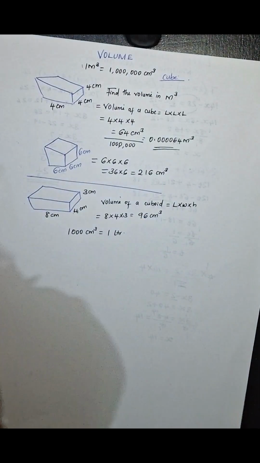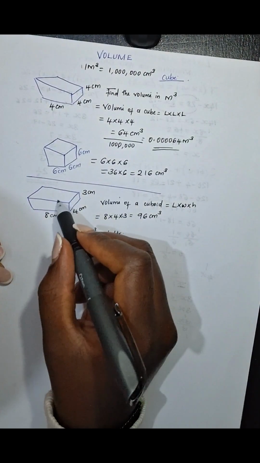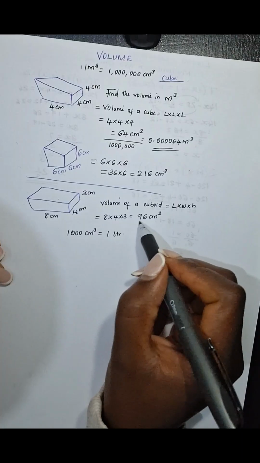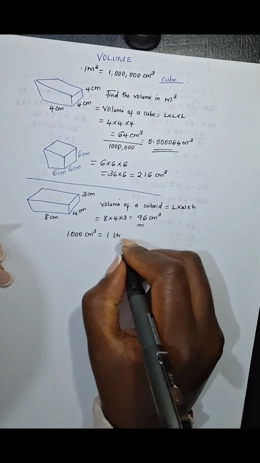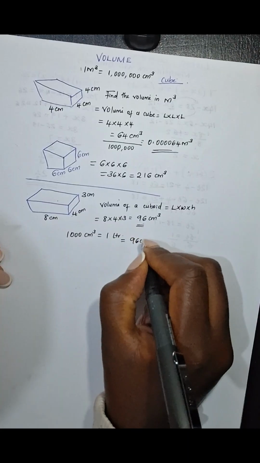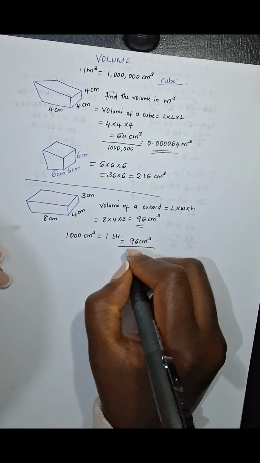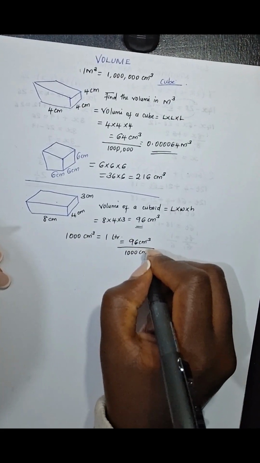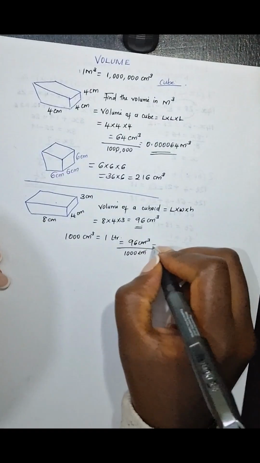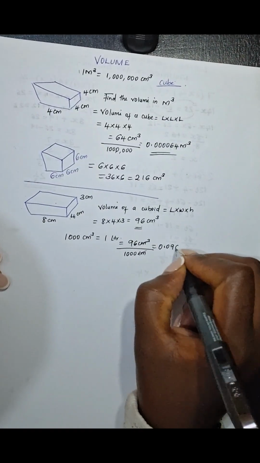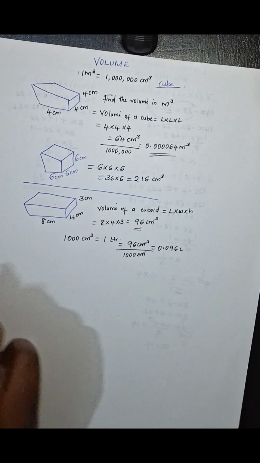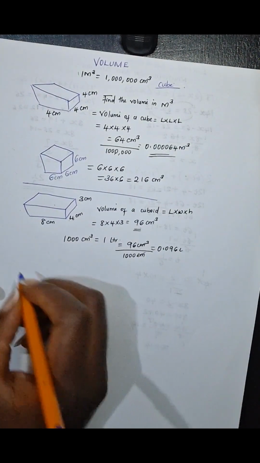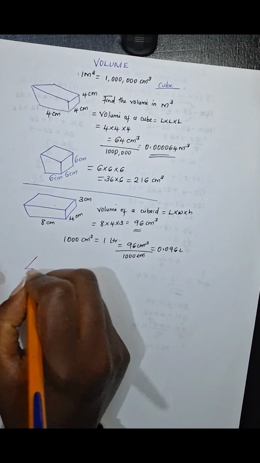Okay? So, if you are given this cuboid and you are supposed to state how many liters it can hold, you just pick your 96 centimeters cubic and then you divide by 1000 centimeters cubic. You will get 0.096 liters.